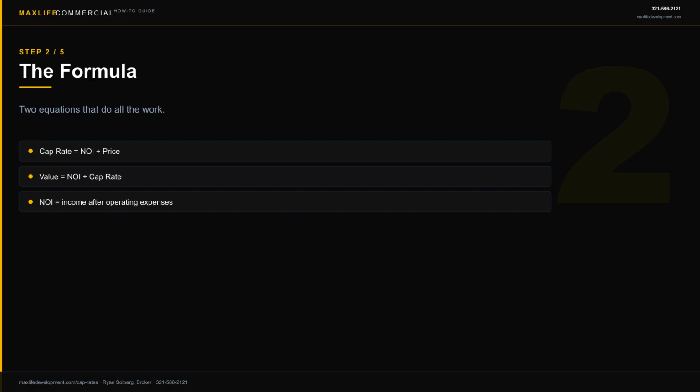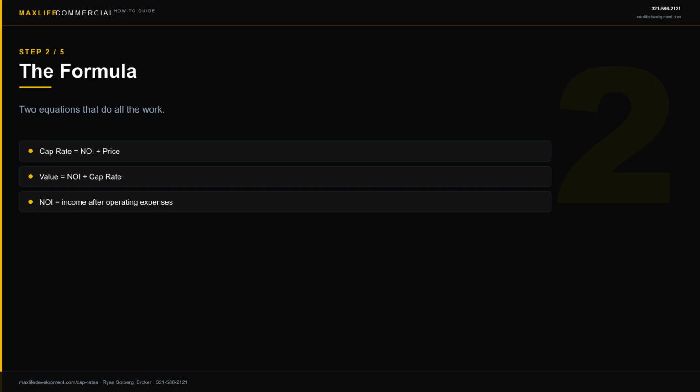Flip that same equation around and you can price any deal. Value equals NOI divided by the cap rate. Take that same $100,000 in income, divide by 0.06, and you get a value of about $1.67 million. Income divided by cap rate equals value. Master those two lines, and you can underwrite on the back of a napkin.